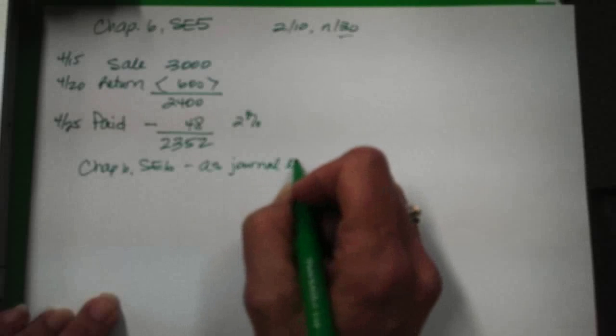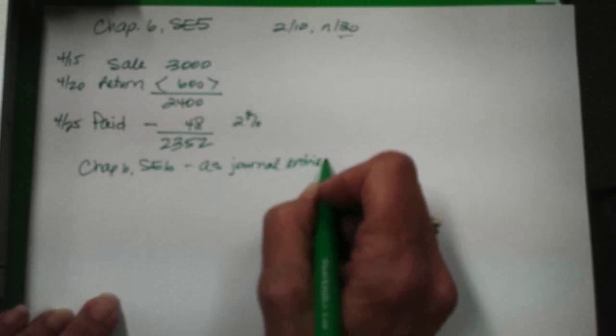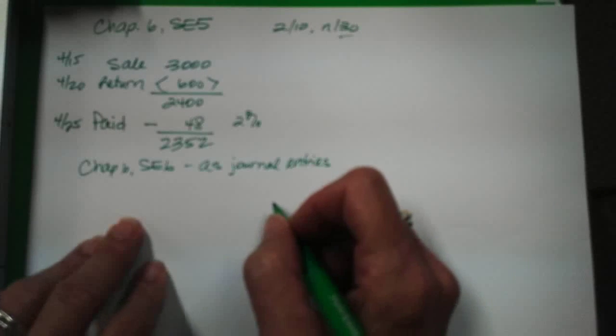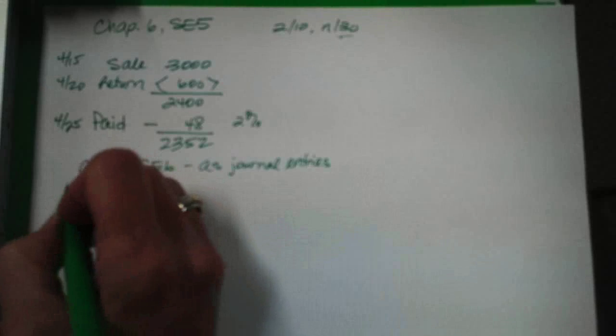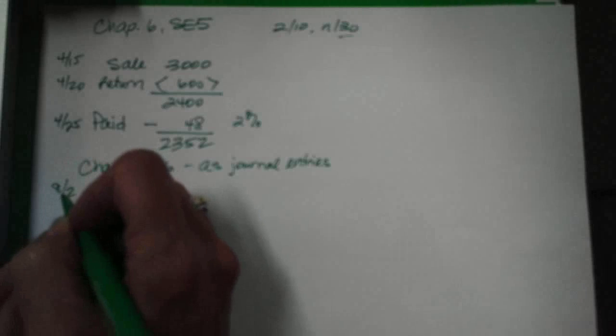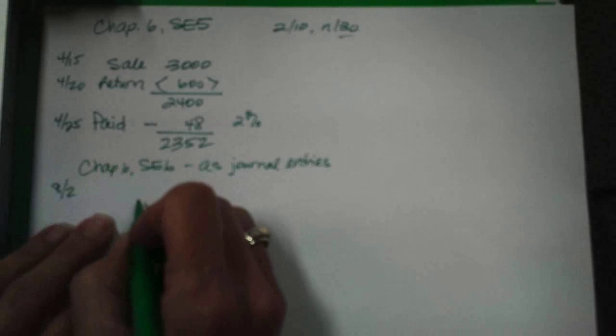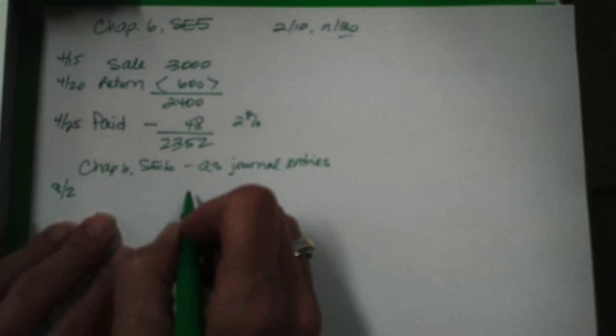And then you can post them to T accounts if you wanted to see what the balances were in the accounts. Okay, so on August 2nd, now please note that the problem says, assume we are using the perpetual inventory method.